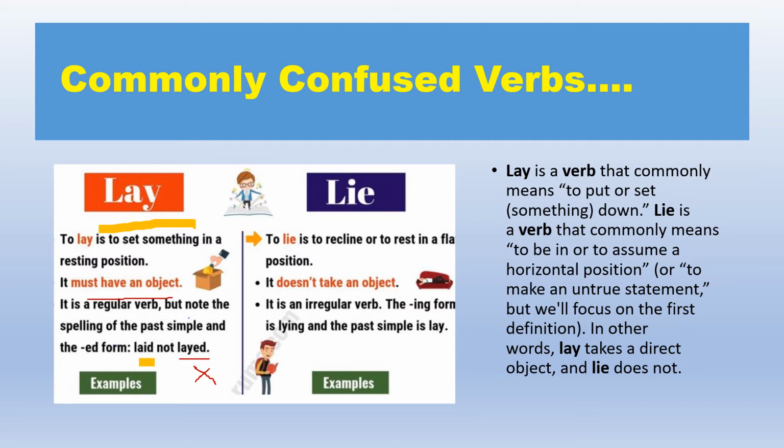So the lay form of the verb is a regular form of a verb. It tells us about something in a resting position and the spelling of the simple past tense ed form is L-A-I-D, not L-A-Y-E-D. I hope it is clear.